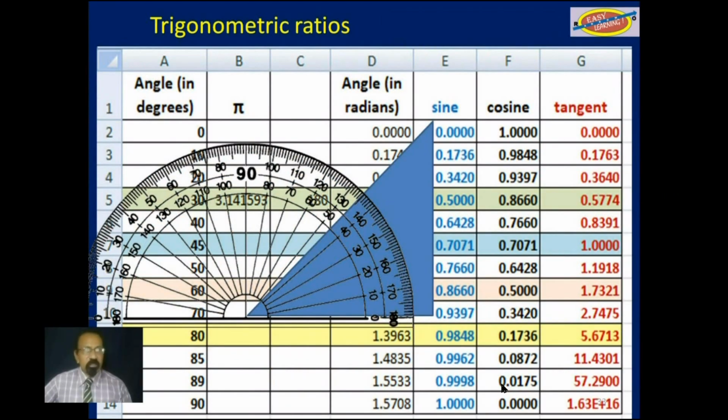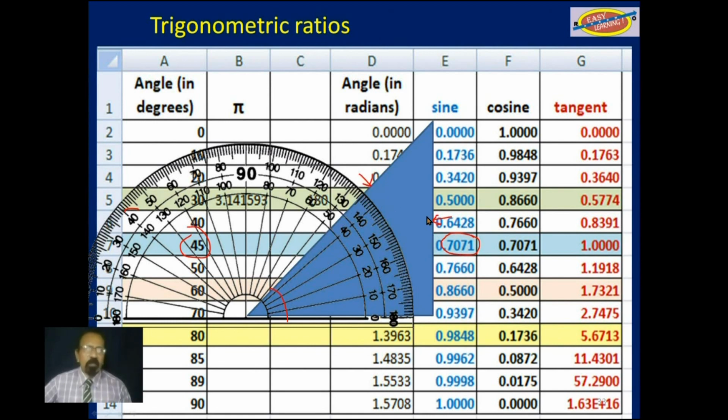Now, this just compares all three at the same time. At an angle of 45 degrees, you find that the sine of 45 degrees is 0.707. That is to say, this side is 0.707 of that.